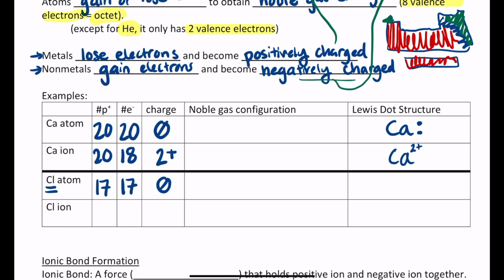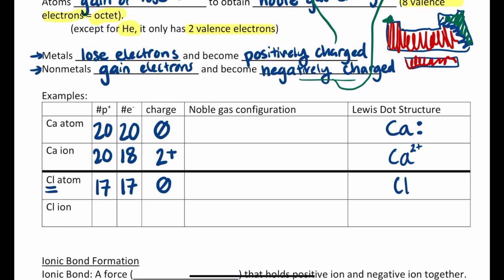But if we were to see pure chlorine, we'd say the symbol for chlorine is Cl, and when I'm drawing dots around it, I look at the number of valence electrons. Chlorine is in group 17 on the periodic table, or 7A.